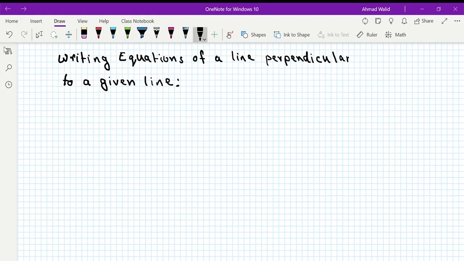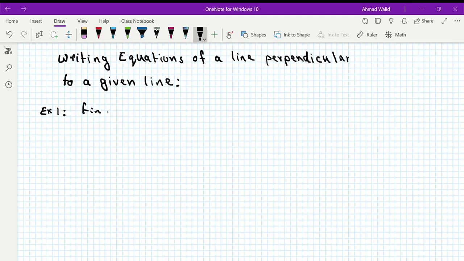Same way that we practiced with parallel lines. Here, they are asking you to write the equation of the line. They give you one point of the line, and the equation of the other line, but with the condition that the lines are perpendicular. Example number 1. I think one example will be enough because we did 2 for parallel lines. They're all the same, just the condition is different. Correct?